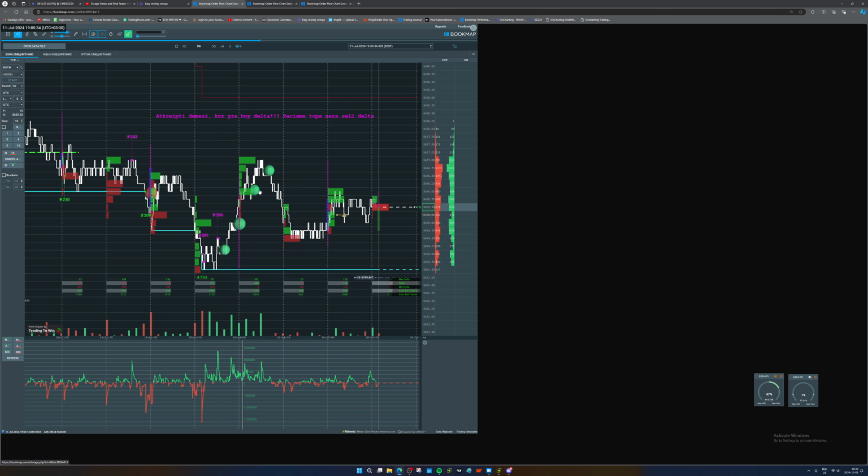Look, this is delta, these green lines, and when I have green at the top, it means that buyers are controlling this area. They are still buying, and sellers have no control in this area. This is a really great example.